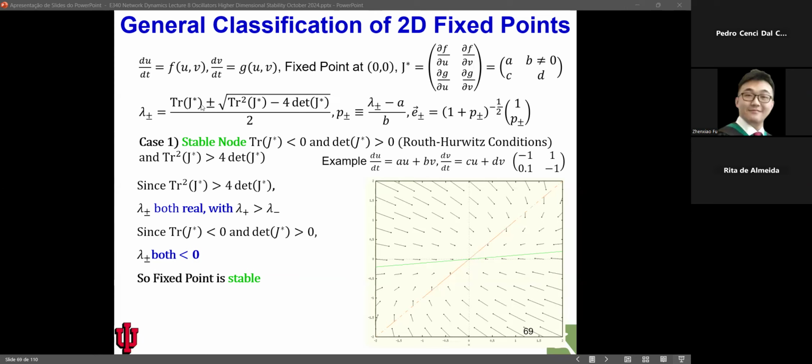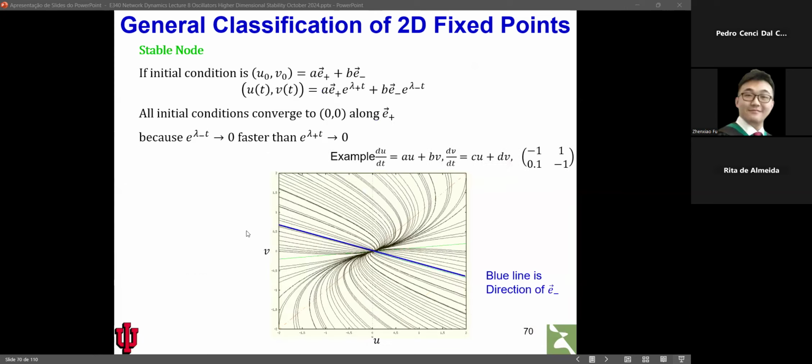Then it will be negative, whether you put plus or minus here. And then both are less than 0. And if both are less than 0, I have a fixed point that is stable. This is a stable node.